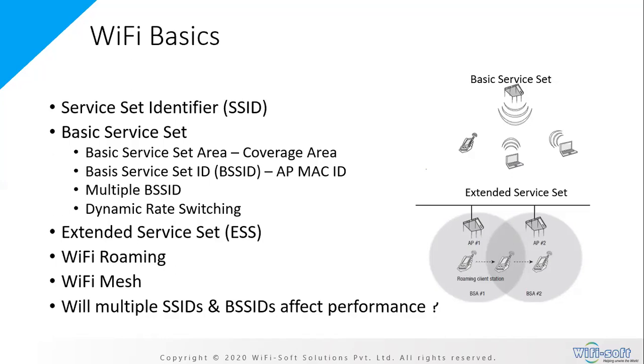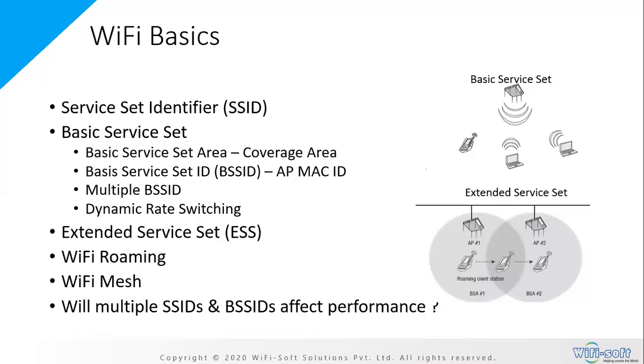But when you talk about a wireless network, there are multiple things. As we saw, there is a distribution system, there is an access point, and there are client stations. All of them become a part, and all these things combined is called a basic service set. So the basic service set is basically all these components, and then the basic service set area is basically the coverage area.